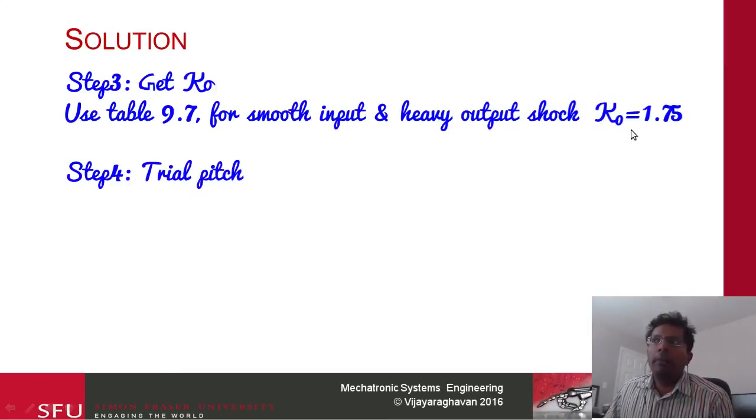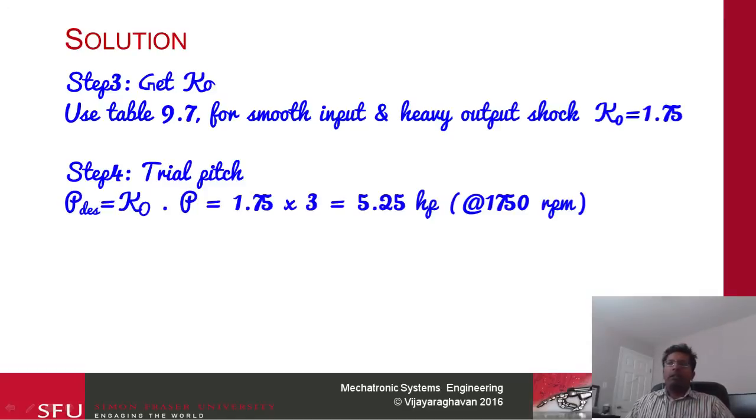To calculate trial pitch, we first need to calculate the desired power, which is going to be KO times the input power. So that becomes 1.75 times 3, which gives us 5.25 horsepower. Keep in mind, the input is at 1750 RPM. So we're going to use figure 9-24.